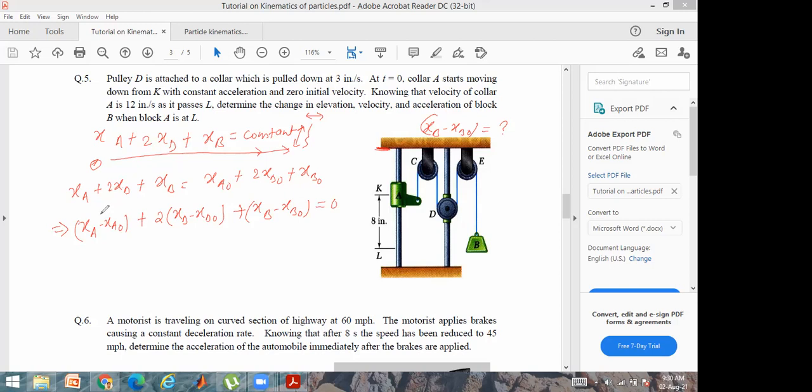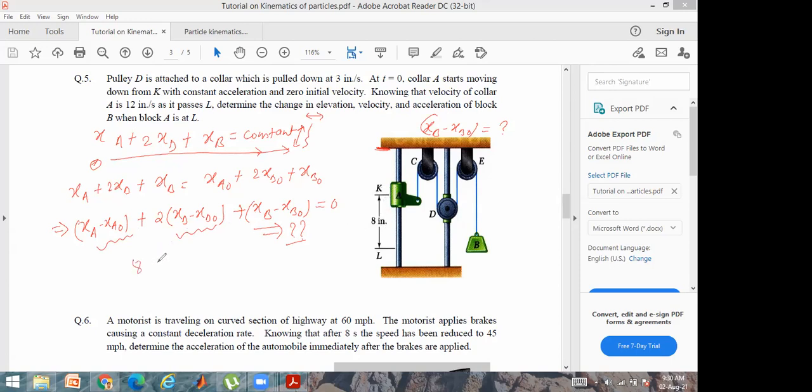So the thing is you need to find xB minus xB naught. To find this expression, you need to know what will be this value and this value. xA minus xA naught is equal to 8, as given in the question. The change in length of A is 8 inches.